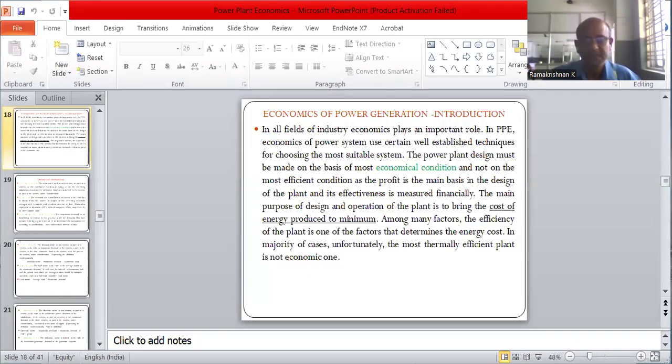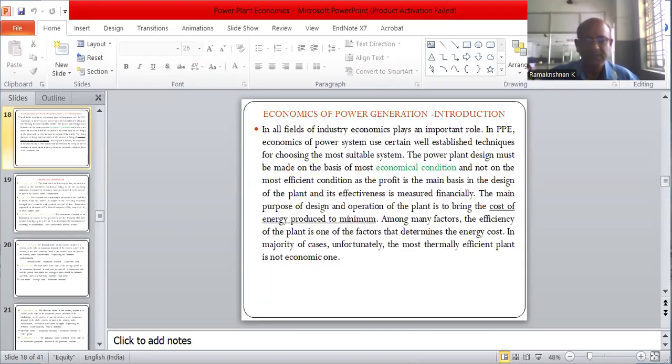Students, in this session, we have the discussion about some terms involved in the economics of the power plants. Whatever may be the manufacturing, the economics plays a vital role in deriving the profit in a certain manufacturing sector.